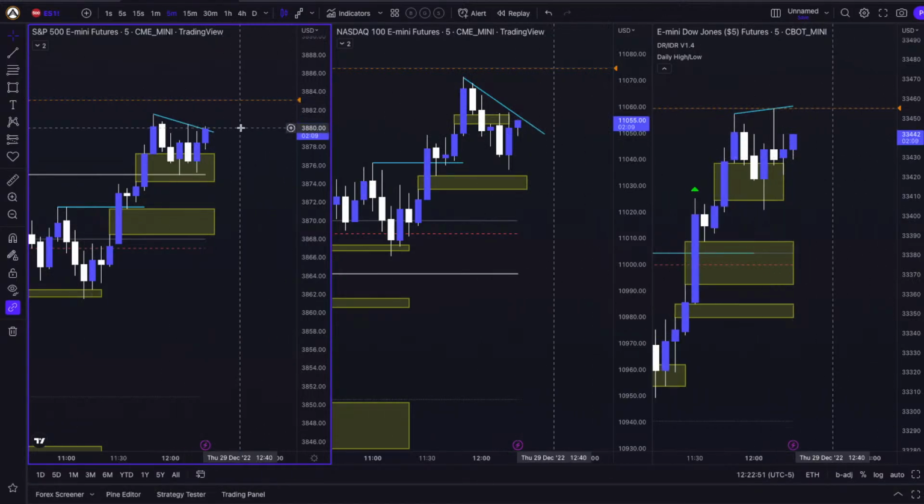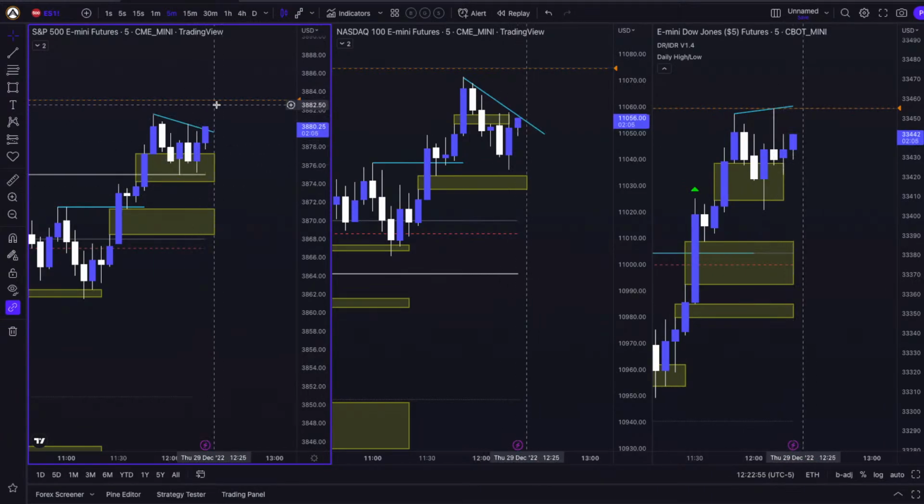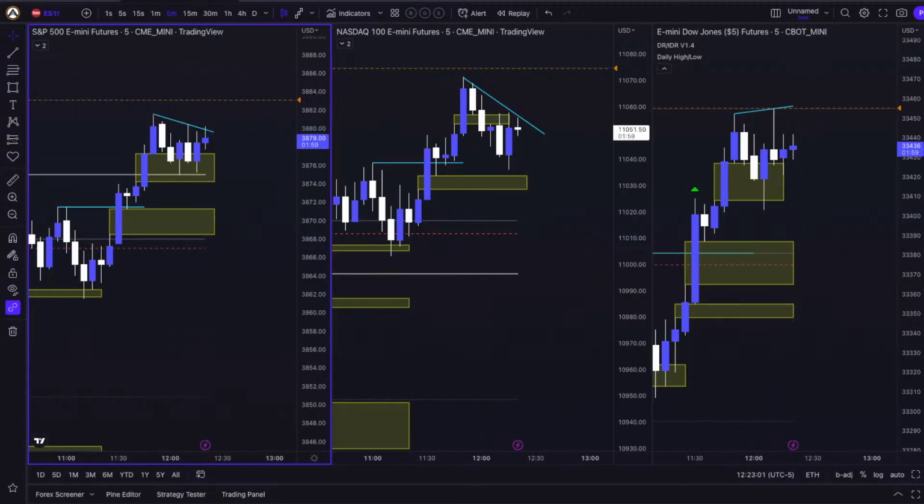Okay, we're breaking out on the S&P, maybe finally reaching toward our full take profit target, holding support on our previous day's high. Beautiful.